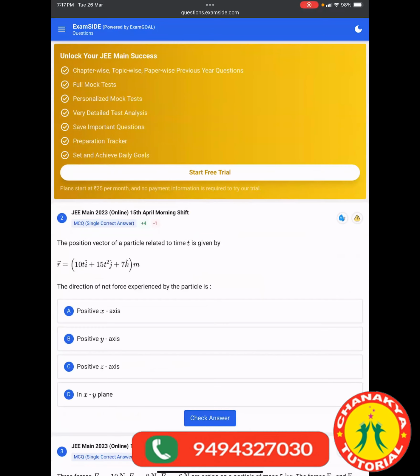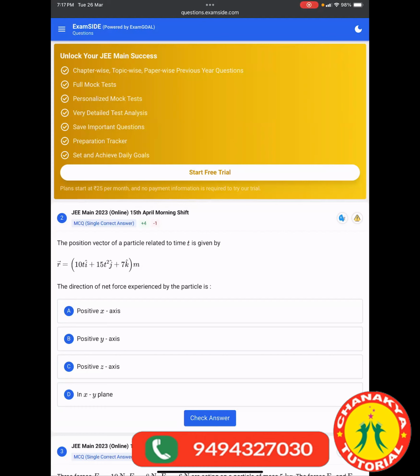The position of a particle at time t is given. The direction of the net force experienced by the particle is? Can you guess? To calculate the direction of force, what do you have to get? Acceleration, right? So here position is given, differentiate it once, you will get velocity. Differentiate again, you will get acceleration.